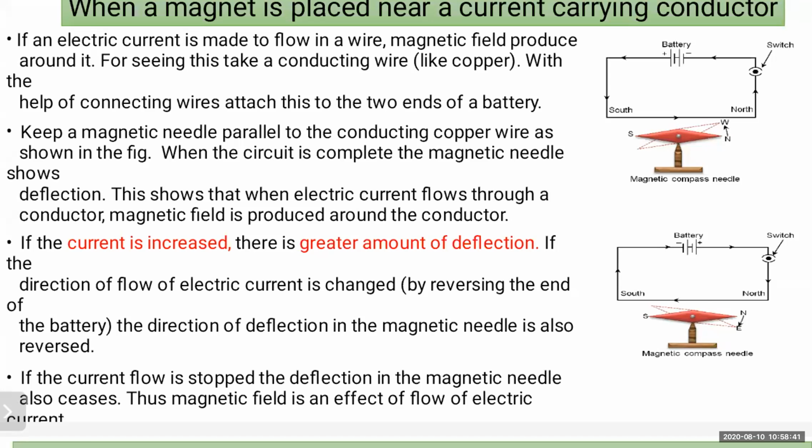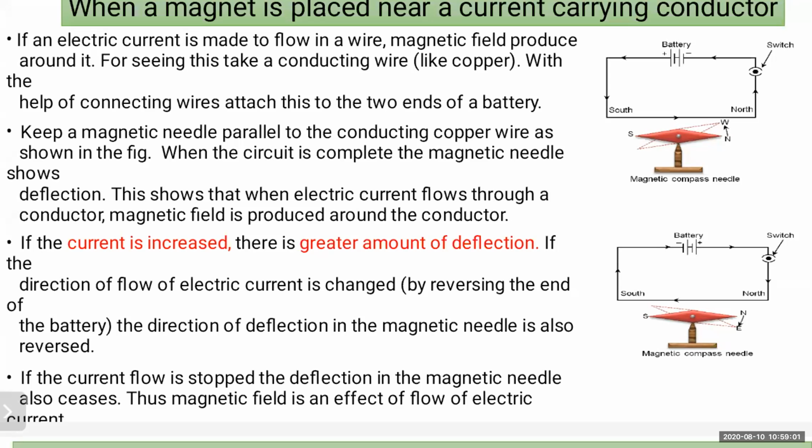Now, in the above activity or in the figure, if we increase the current through the wire, the needle will deflect more. And if we move the compass away from the wire, the deflection of the needle will start decreasing.